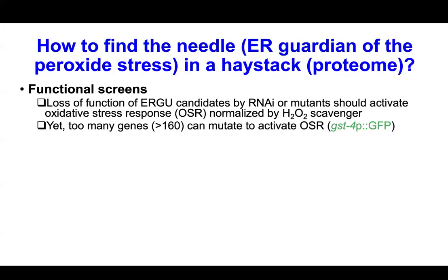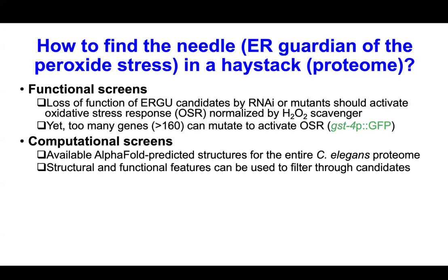So we decided to combine a functional screen with a computational screen, using the structural and functional features I just mentioned for the bacterial counterpart DSBD, and also taking advantage of the AlphaFold predicted structure for the entire C. elegans proteome.